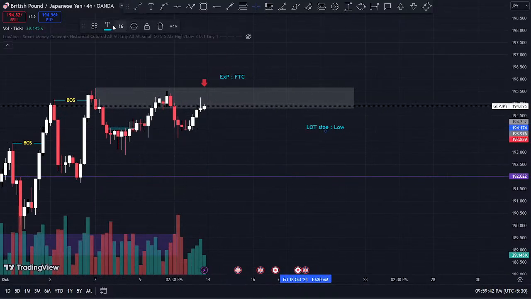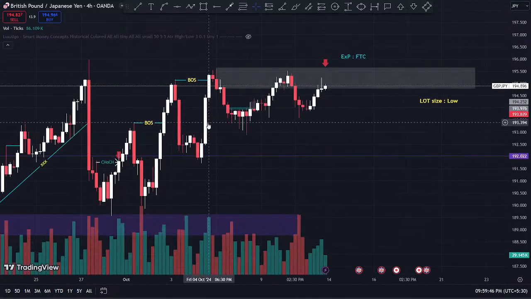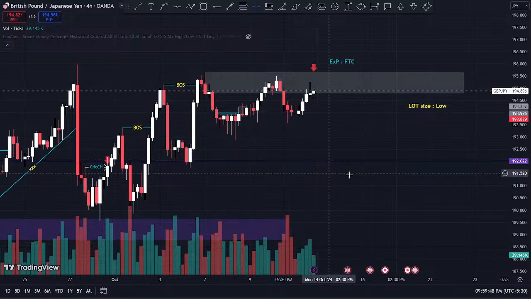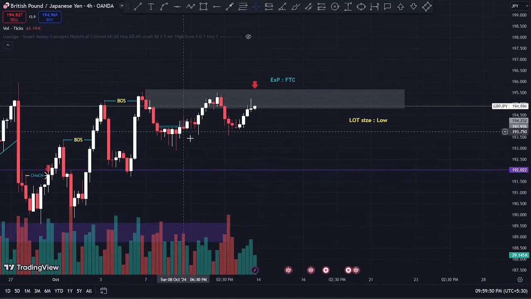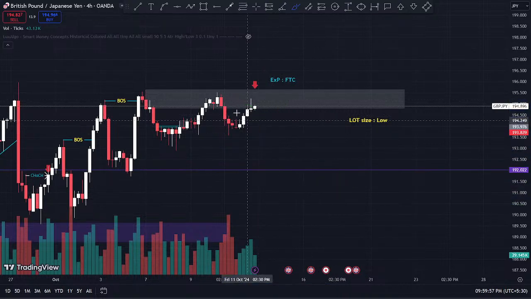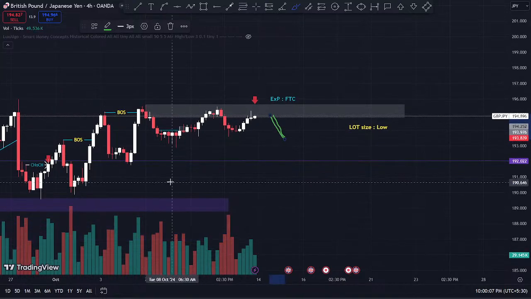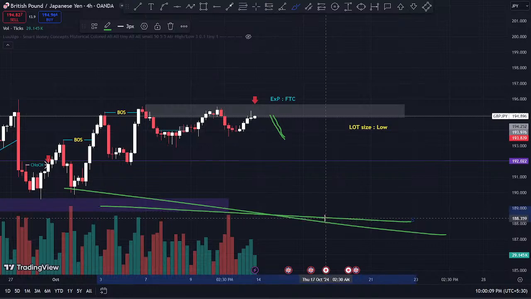Here you should keep the lot size very low, because you don't know when such candles will form, you won't even realise. Here your psychology will be fun. Okay, so if you took a shot right here after this liquidity sweep, the market can show an immediate impulse. When it shows an immediate impulse, you may look for this target right here.